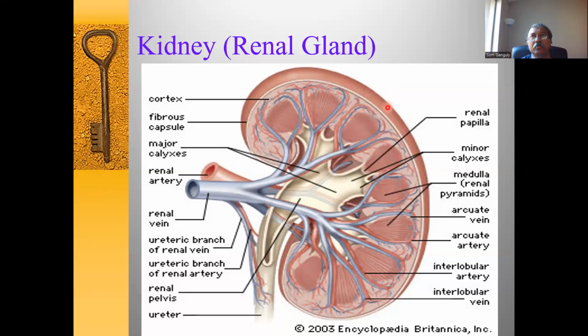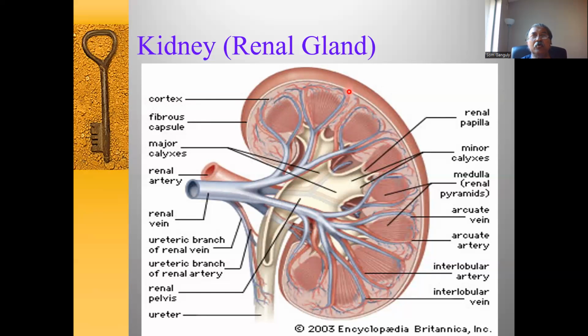You open the Gerota's capsule, then you get the surface of the kidney, which is very nice and shiny and very smooth. This surface has a layer called cortex. This cortex layer is the first layer of the kidney, the outside layer, everywhere around.